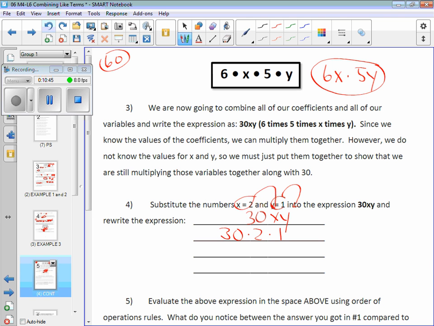Here's the difference. This is called expanded notation or an expanded expression. This 60 is called the standard formation. We've simplified it, okay? This is the evaluated. 30xy is standard notation, and this was expanded. Think about when you think of the word expand, you're spreading it out.